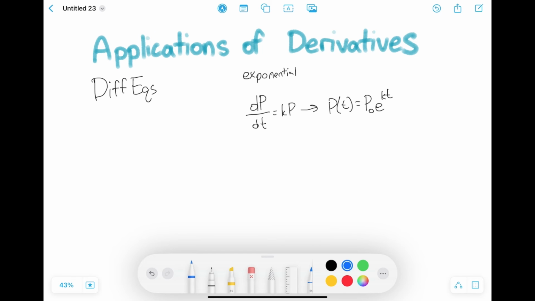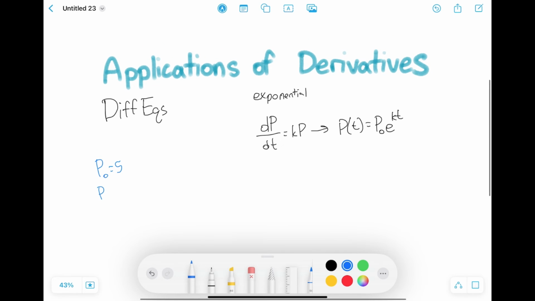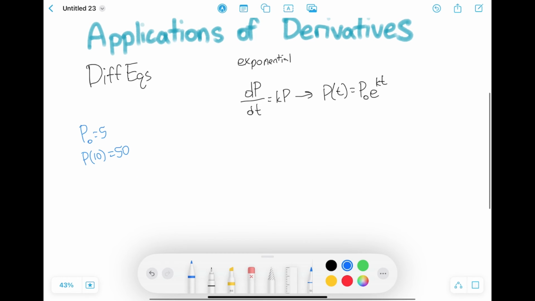So here's an example. Let's say we're undergoing exponential growth, and we know that our initial population is 5. We know our population at 10 is equal to 50, and we know that it satisfies this differential equation here, and we want to figure out what's the equation for this.